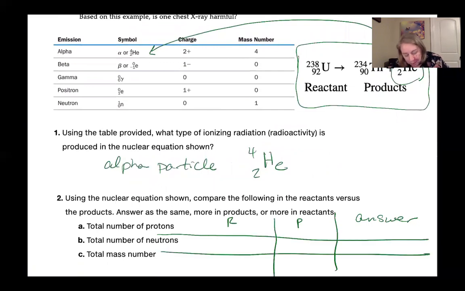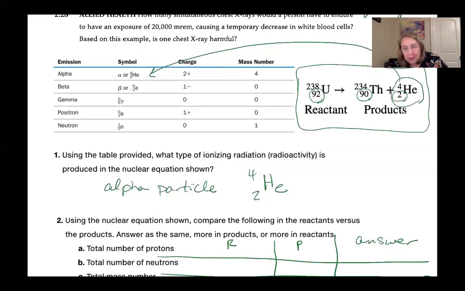So what happened to our number of protons? Here's our number of protons, 92 and 90, right? And if we look, we have 2 more protons inside of our alpha particle. So what happened to our protons? Well, in the reactants, we had 92. In the products, we had 90 plus 2 to give us 92. So guess what? We have the same.